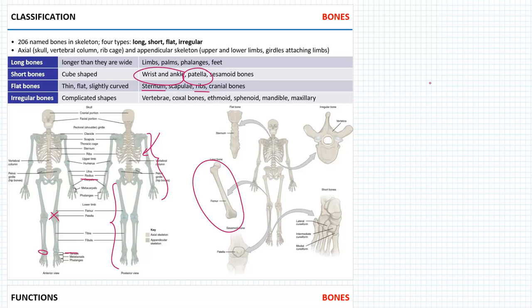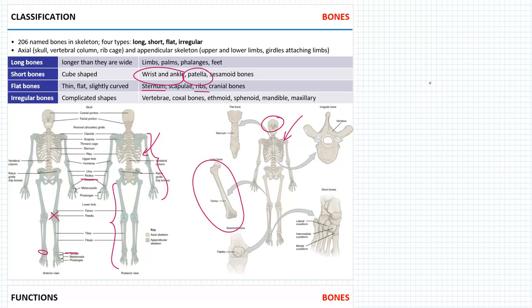In addition to that, scapulae are also flat bones, and the bones that comprise the cranium. Okay? And I want to emphasize the cranium, not the face. The cranium that houses the brain. Okay, so we're going to talk about those flat bones.